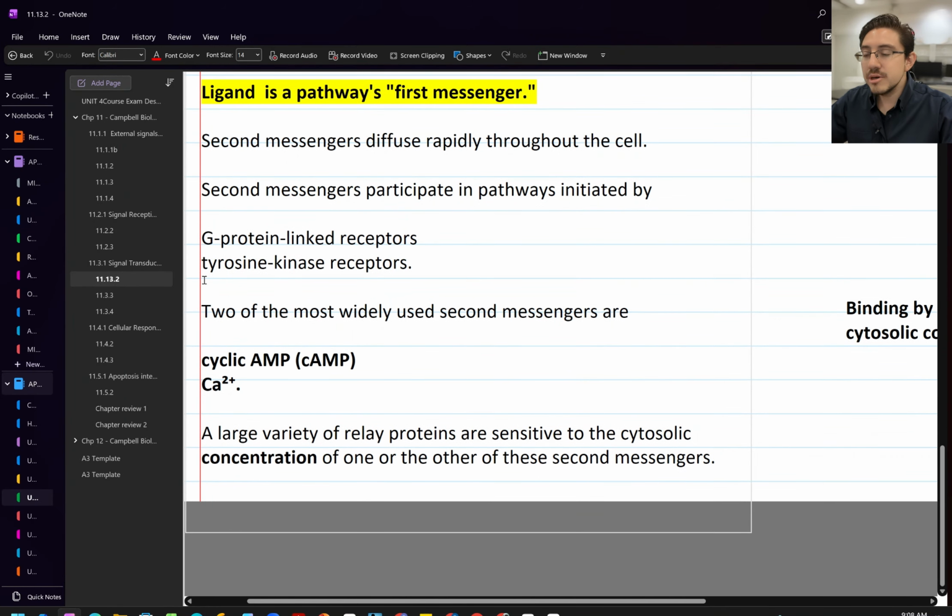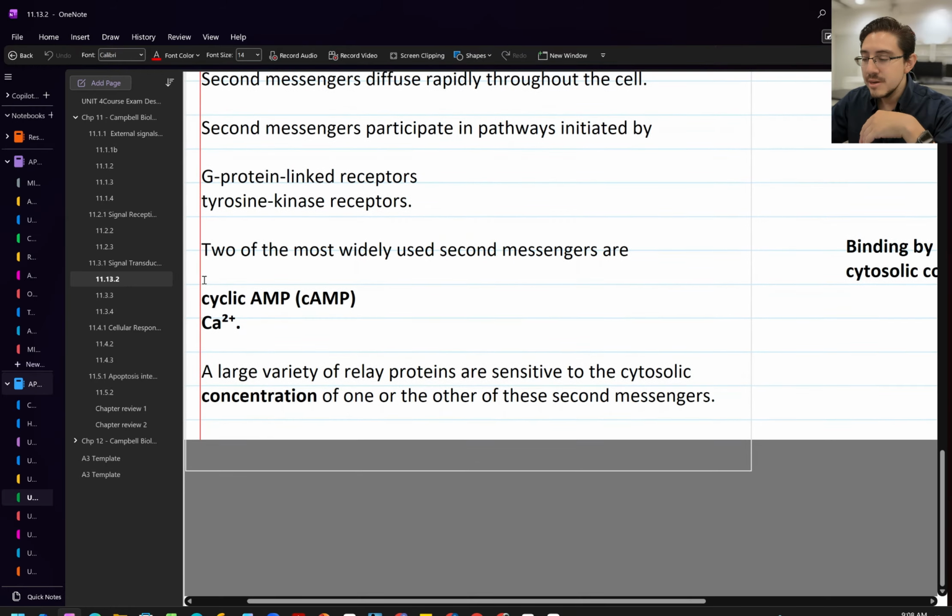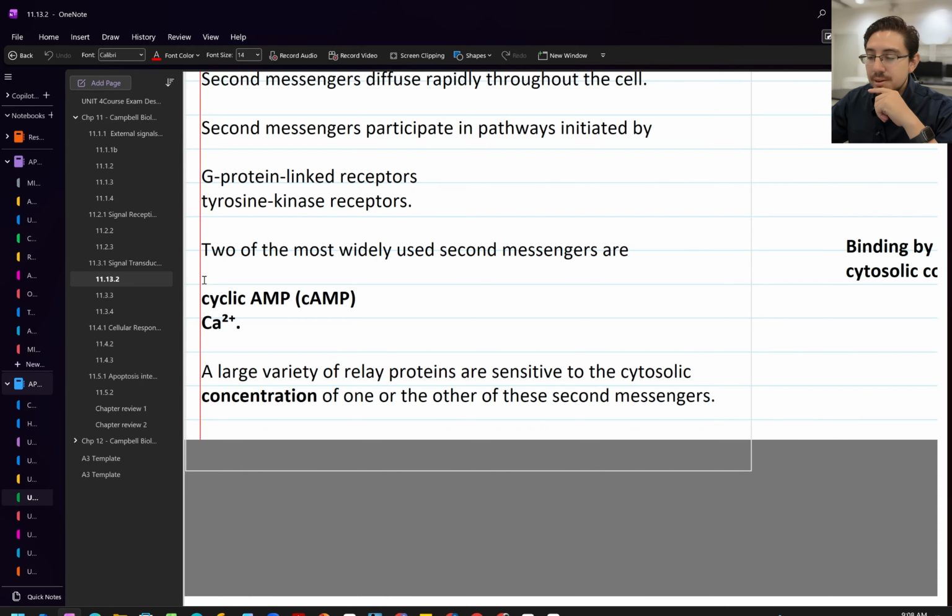They're usually initiated through G protein receptors or tyrosine kinase receptors also. Depending on their concentration, and concentration is very important, you will elicit the signal pathway. So they're very, very sensitive. It is important for the cell to have a tightly regulated concentration of these second messengers.